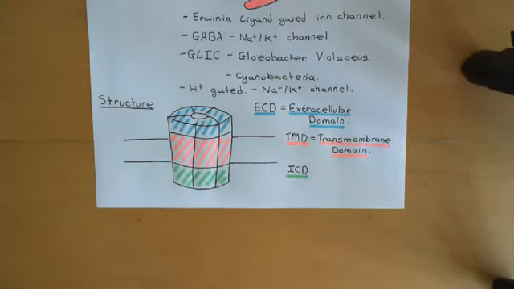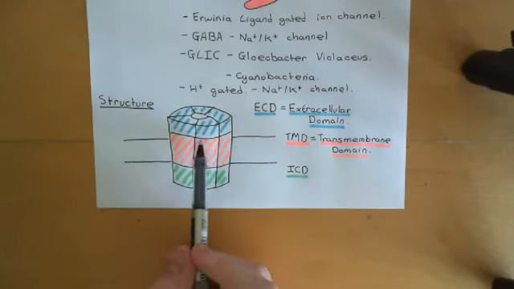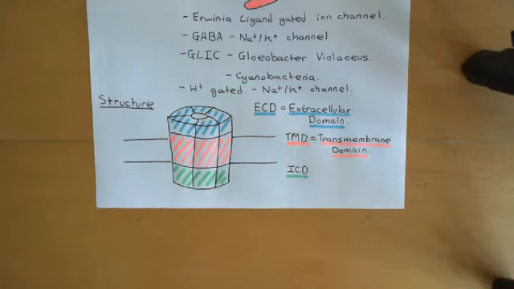Right, okay, so the way we're now going to go through discussing the structures of these different portions is we're going to start off by looking in detail at the transmembrane domain. We've looked at the 4 membrane-spanning alpha helices which make up the transmembrane domain for each of the 5 subunits of the Cys-Loop ligand-gated ion channel, but now we want to see how those 4 helices are going to be arranged to actually make the transmembrane domain.